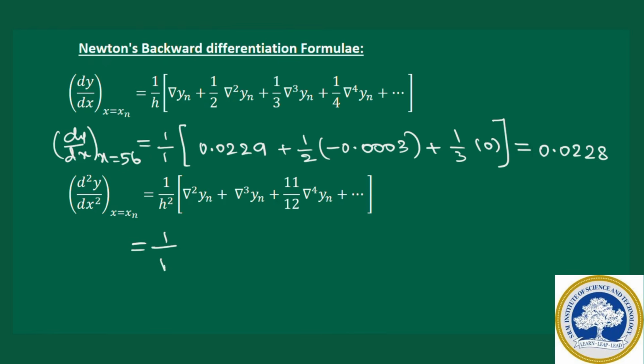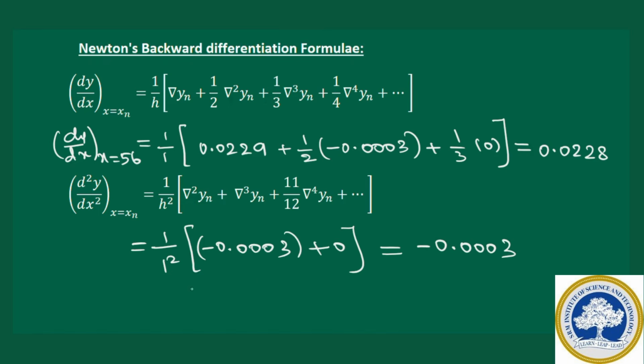Similarly, for the second order derivative, this is the formula. Here it is 1 by 1 square del square yn, which is minus 0.0003, plus 0. Del cube is 0 and del power 4 is also 0. So directly the answer is minus 0.0003, and this is the answer for d square y by dx square at x equal to 56.